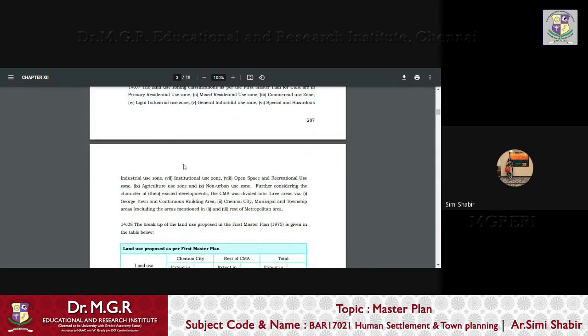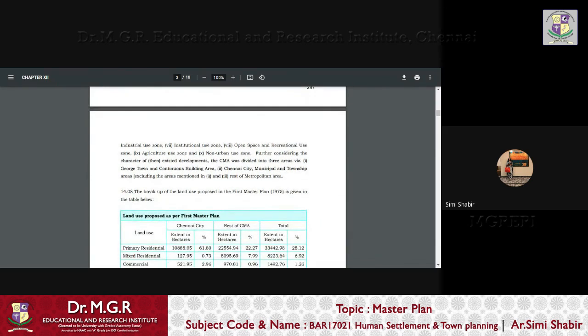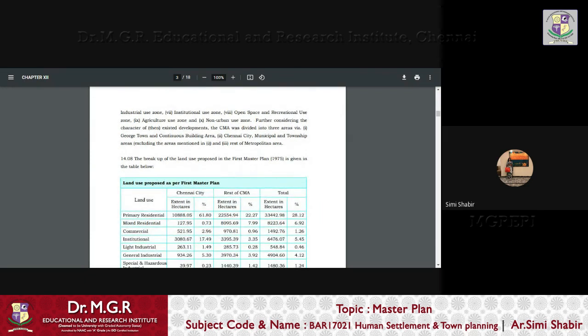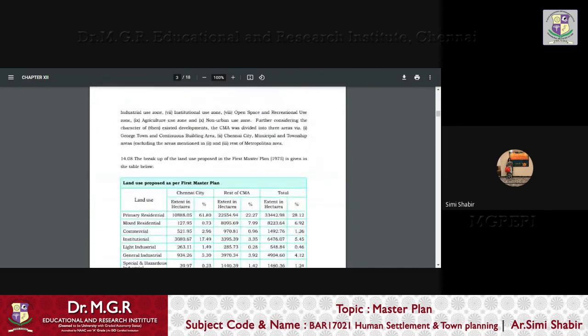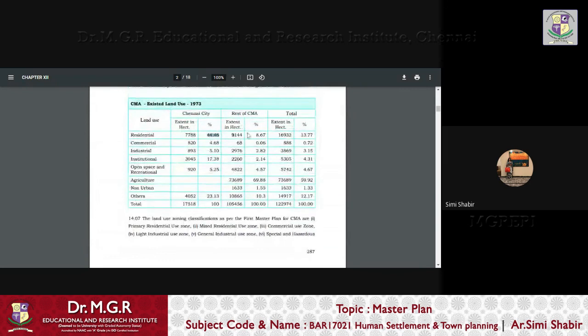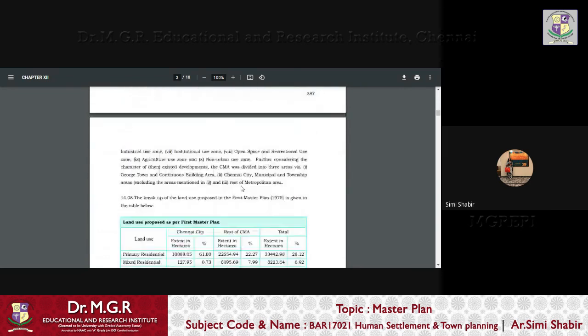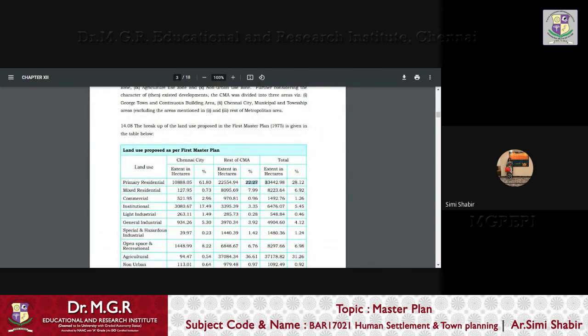So this is how the breakup of the land use activities was laid down. And as per the first master plan, there was a lot of revamping, and you can see that in Chennai city, the residential land use went up from 44 to 61, and in CMA from 8% it went up to 22.27.